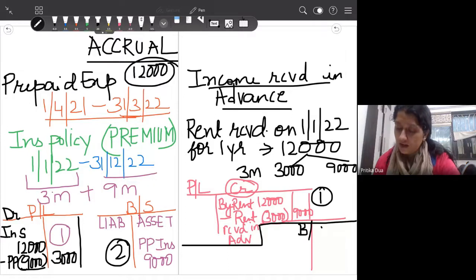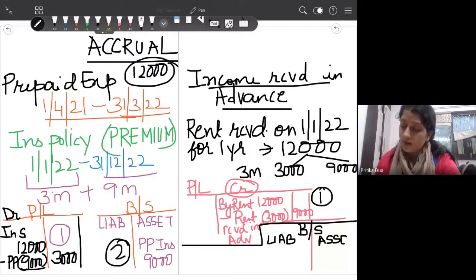Okay, now to see the second impact, I come to the balance sheet. I have the liability side, I have the asset side. Now this rent, if you have received in advance, it means now the firm is liable to give.